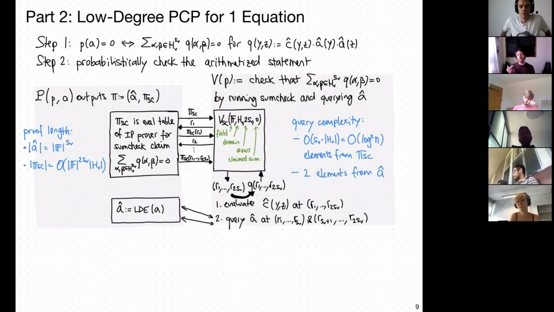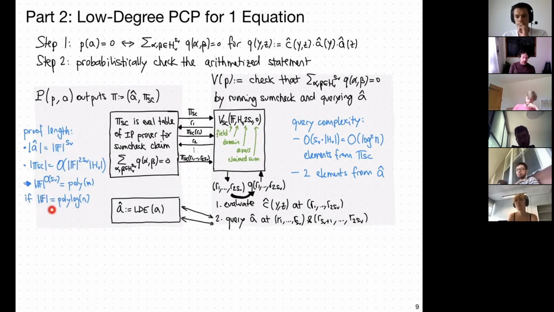This is exactly why we want to be careful with our randomness, because we have to later provide a proof for each possible conversation that the prover and verifier might have in the soundcheck protocol. In our setting of parameters, when we choose F to be polylog, this would just amount to having a polynomial length.